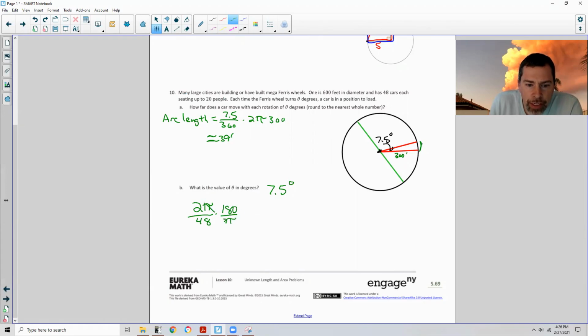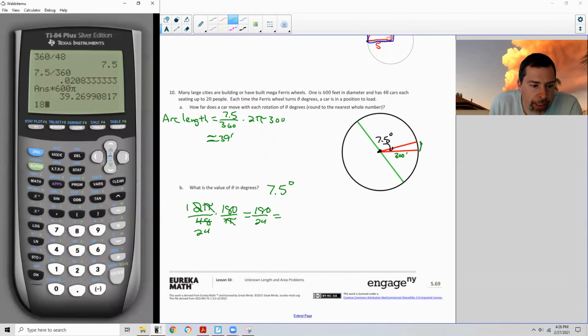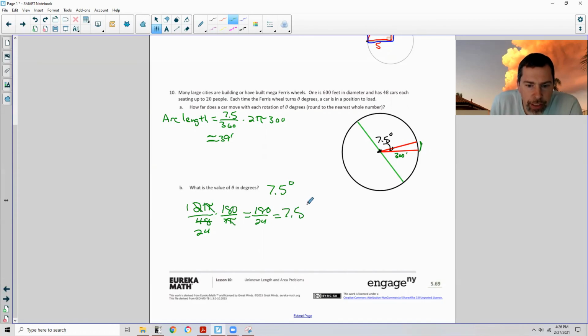So this will cancel that, and that would become 1, and that would become 24. So 180 divided by 24. Did I do that right? Should be 7.5. Let's check. 180 divided by 24, enter. Booyah, 7.5 degrees.